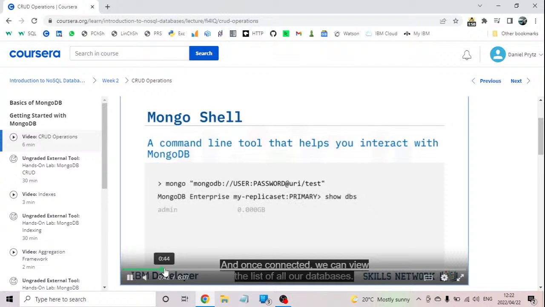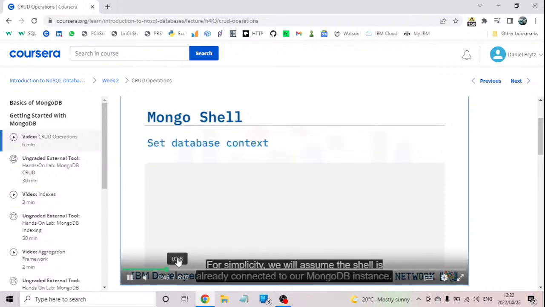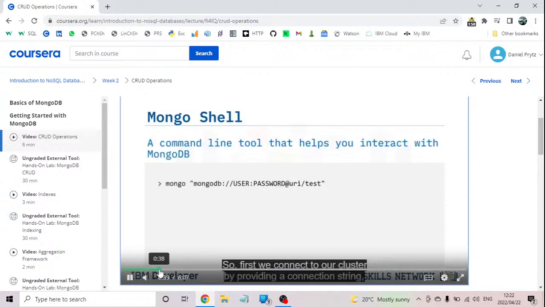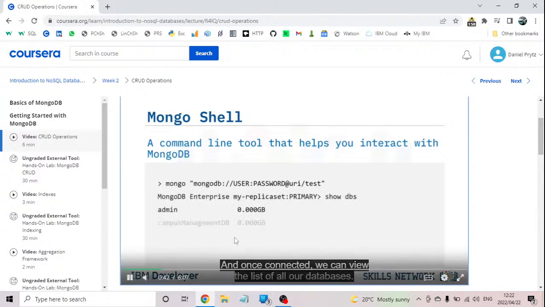Connection string. So first we connect to our cluster, and then it shows up like this.